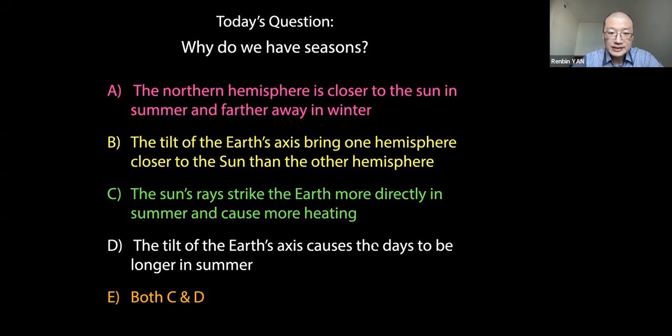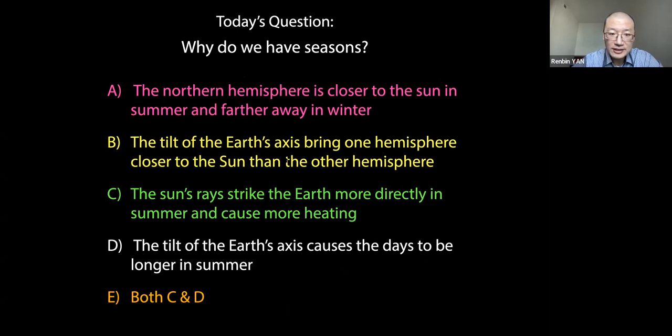So now you can see why we have seasons. The distance is not the factor that matters here. Certainly the first factor is not correct, because the southern and northern hemispheres have opposite seasons. But even the second option is incorrect. It is the wrong reason.